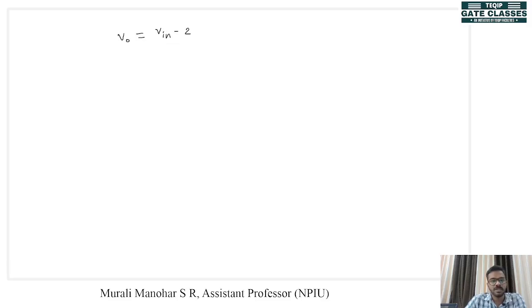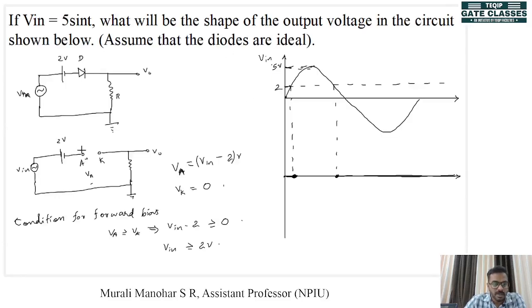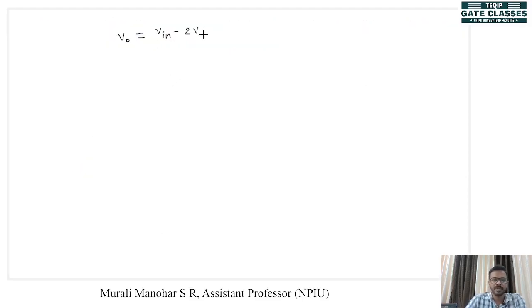When the diode is forward biased, that is, when V in is greater than 2 volt, it is a short circuit, and V out will be equal to V in minus 2 volt.